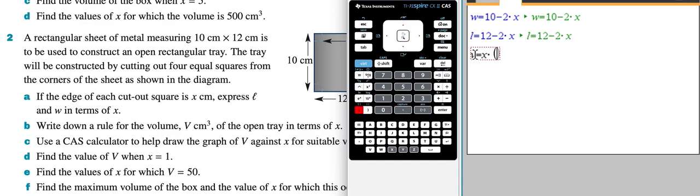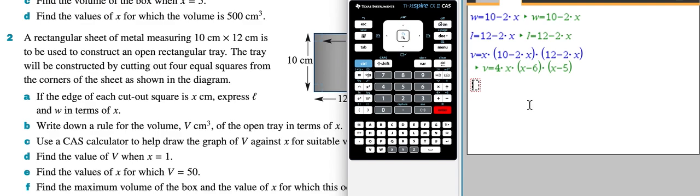Because I'm using math boxes in the CAS, I can put W and L there, but I'm just going to write it out normally. So it's going to be that, times 12 minus 2 times X as well. So I've got that.